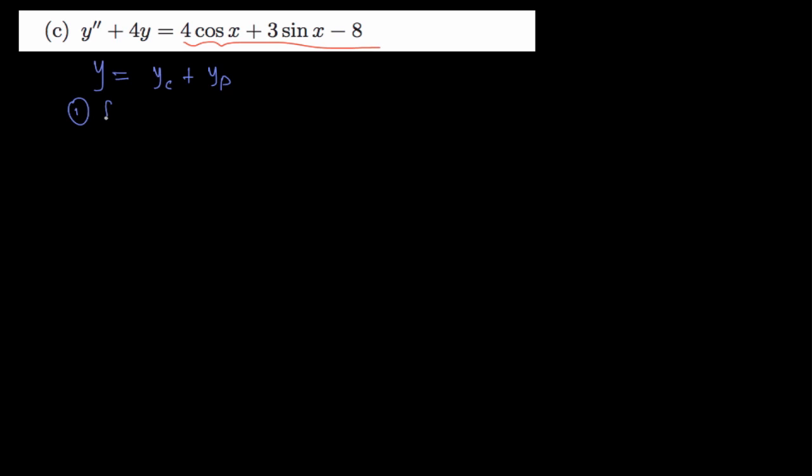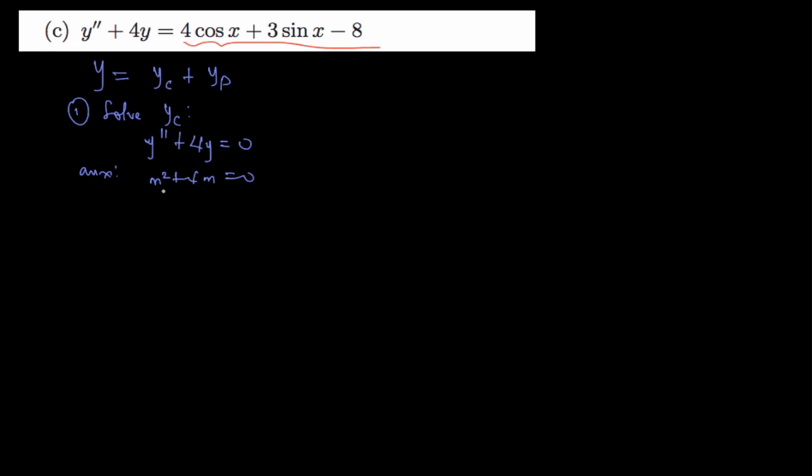As usual, the first step is we find yc, and we said finding yc simply implies solving the homogeneous system y prime prime plus 4y equals 0. To solve this homogeneous system, we need an auxiliary equation, which is m squared plus 4 equals 0.